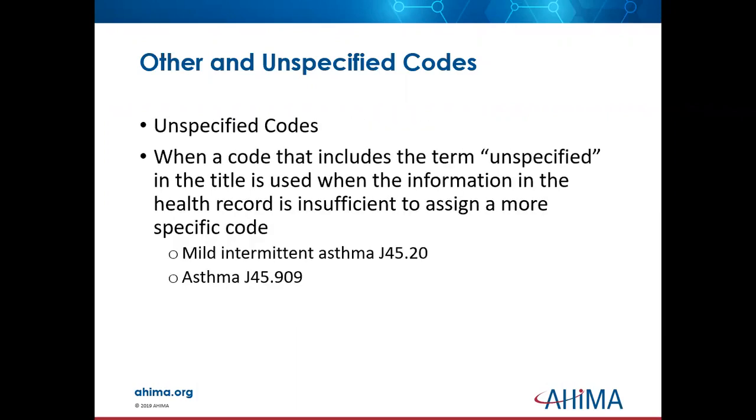This is a bit different than unspecified, right? Unspecified means that the documentation that the provider put in the health record is insufficient to assign a more specific code. So they give an example: asthma, J45.909, versus mild intermittent asthma, J45.20.